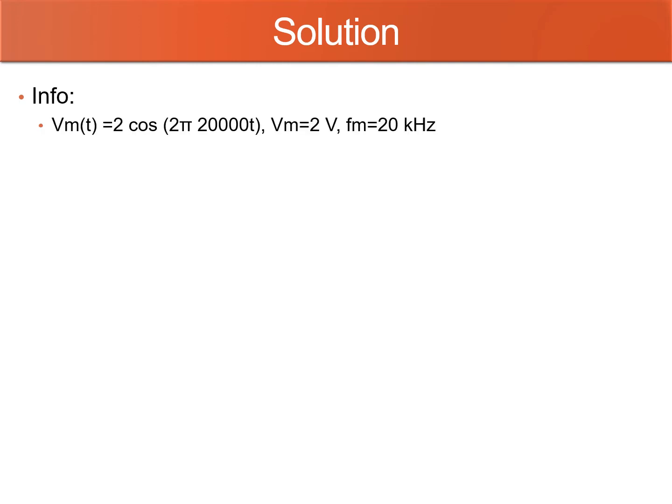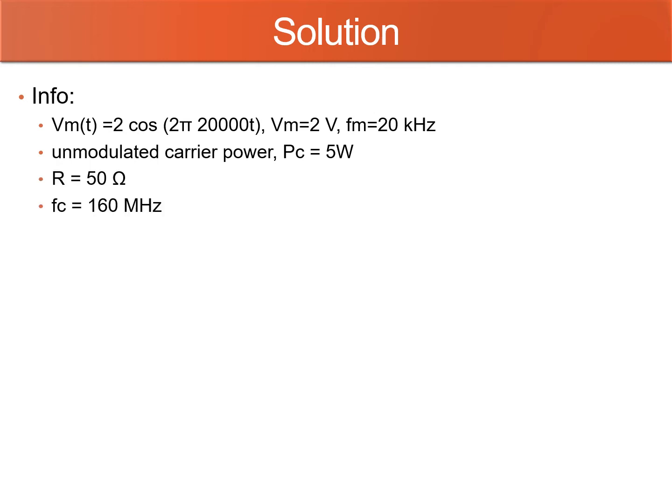Here, Vm(t) is equal to 2 cos 2 pi 20 kHz t, and we can extract the information. Vm is equal to 2 volt and fm is equal to 20 kHz. The unmodulated carrier power given is 5 watt, R equals 50 ohm, and fc equals 160 MHz.